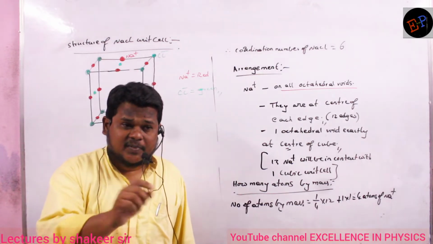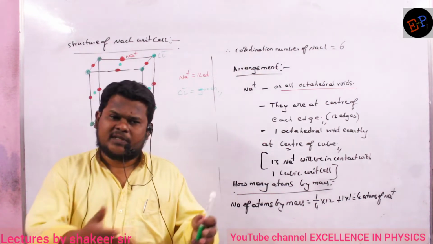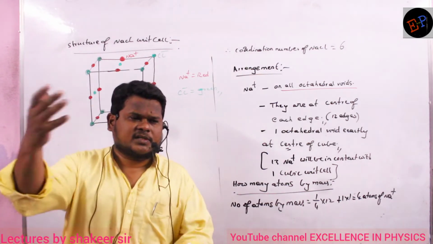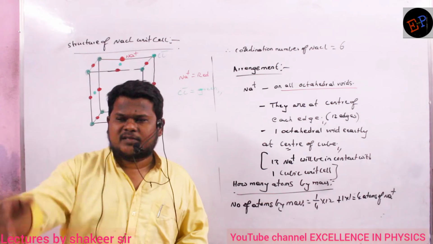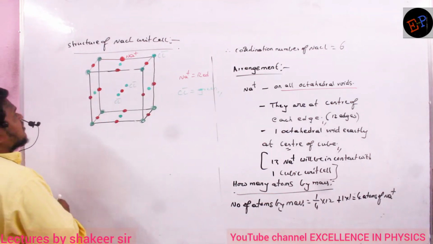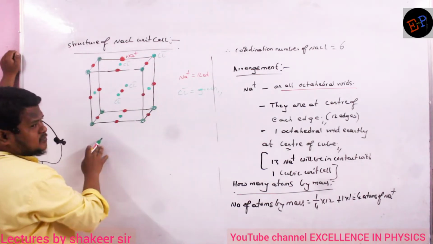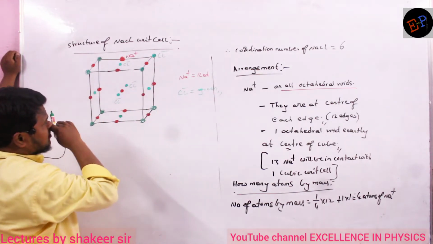Similarly, each Cl minus will be surrounded by 6 Na plus also. They may be in the same crystal, in the same unit cell, or in the other unit cell also. That is a different point. Are you able to understand? So for example, if you see this Cl minus, listen very carefully.